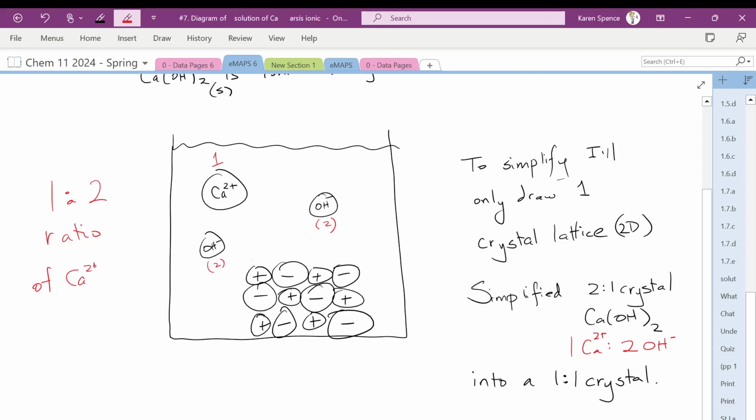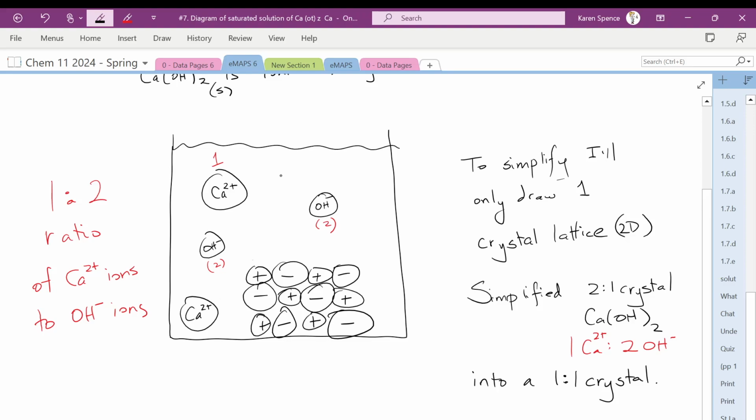Of calcium 2+ ions to OH- ions. And I probably want to draw more than just 3 ions, so I'll either do 2-4 or 3-6 or something like that. Okay, so I'll just draw a few more of those. So I'll draw another calcium here.